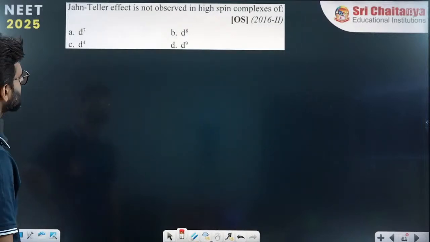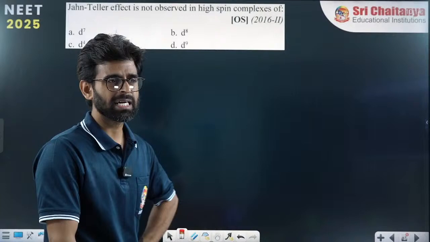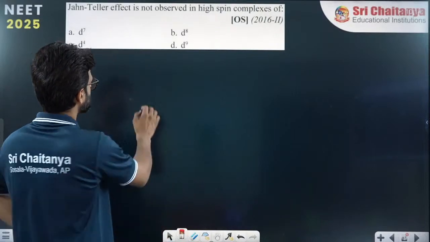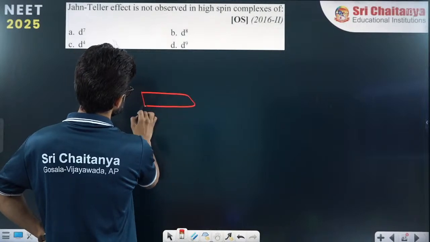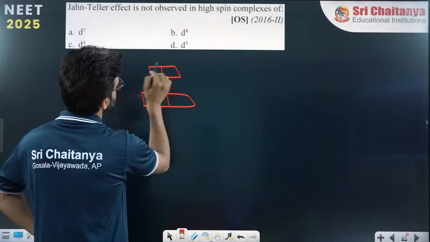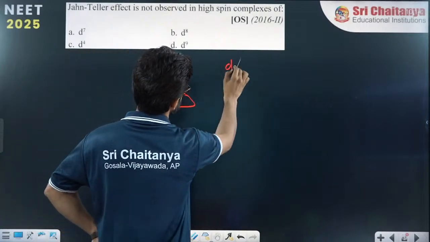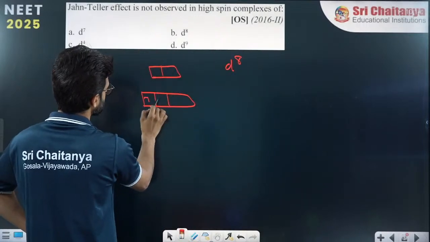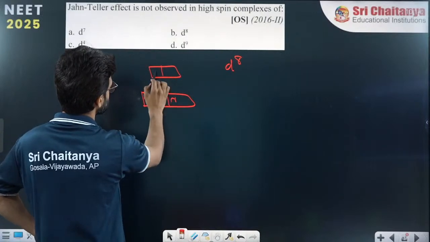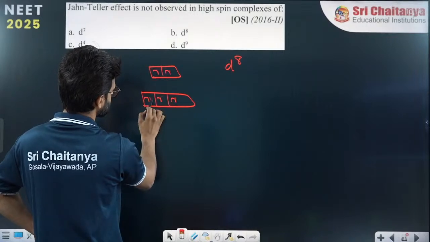The Jahn-Teller effect again, not in NCERT, so less important, I will say. When you are filling the octahedral complex, you will see here, if you fill the d8, they are saying high spin complex: 1, 2, 3, 4, 5, 6, 7, 8.